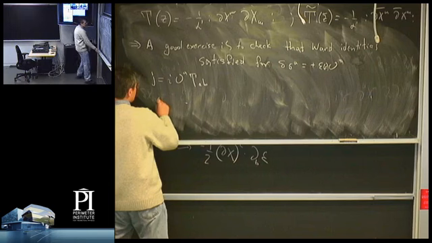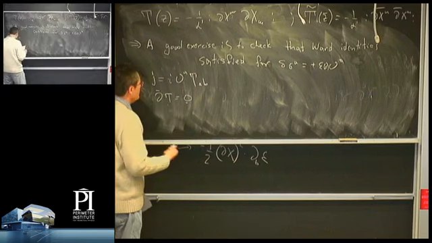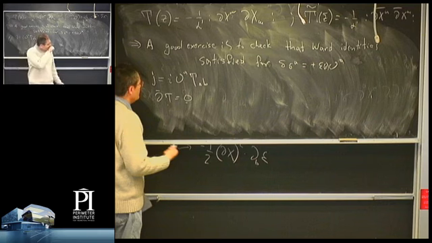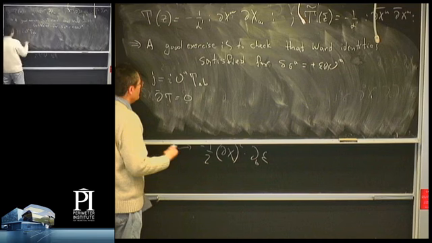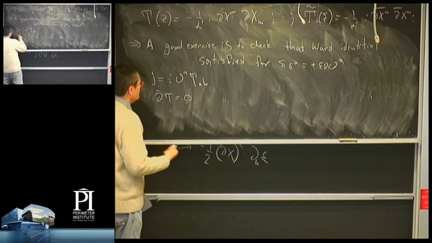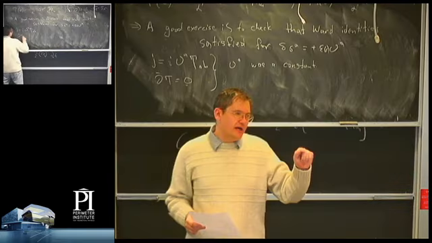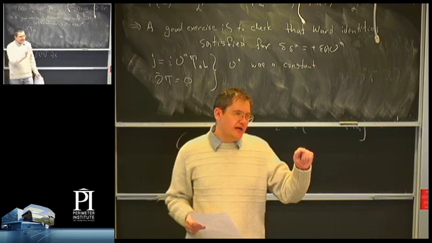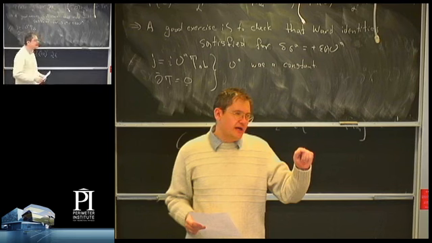So remember, let's go back to our current. Our current is given by epsilon A, T AB, and we showed that this current is conserved. The conservation of this current implied T was holomorphic and T tilde was anti-holomorphic.